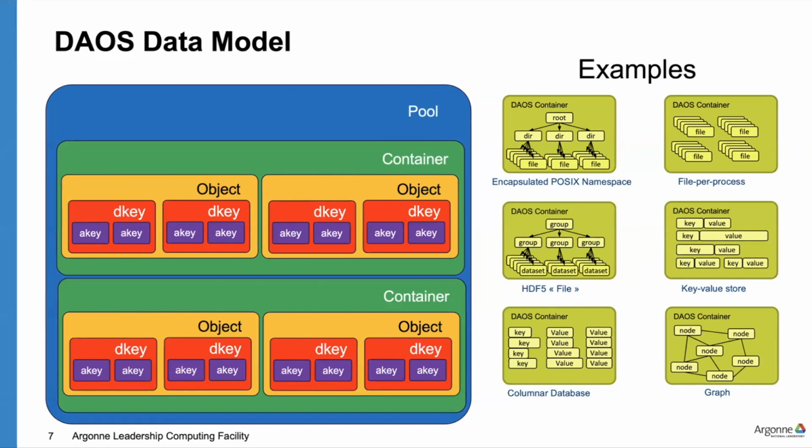Then inside the pool, you can have a container, and that's the level that normally you're going to operate on. So you'll create a container and you'll use that container. And for the most part, your knowledge can stop there. You just have containers. But inside a container, you have objects, and objects themselves have 2 elements.